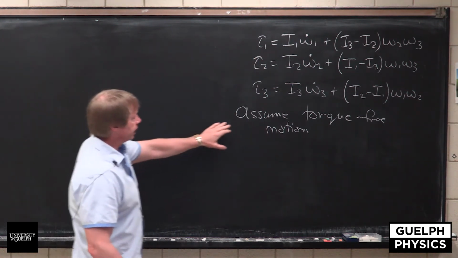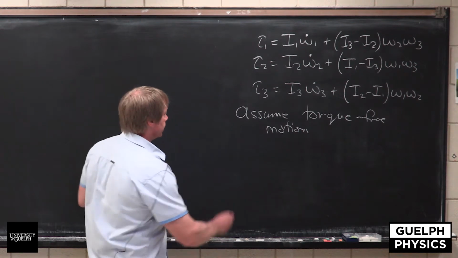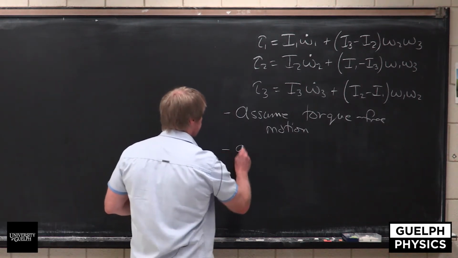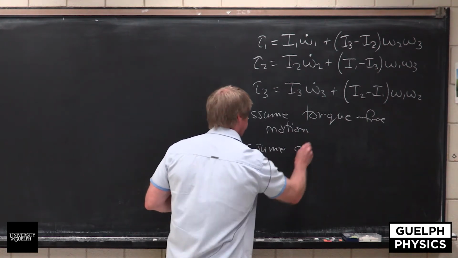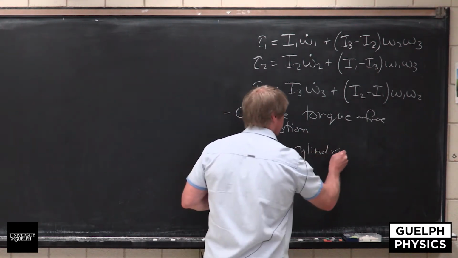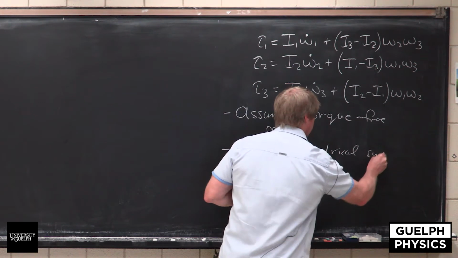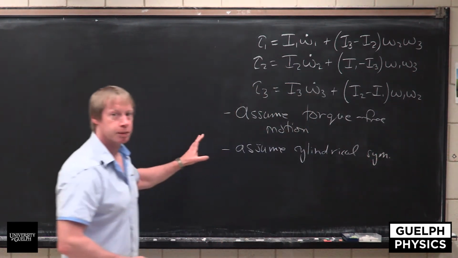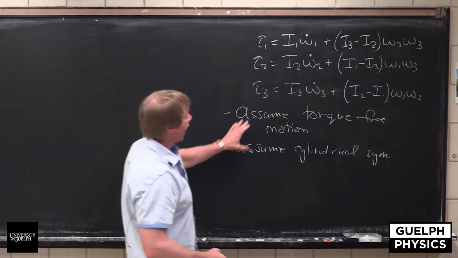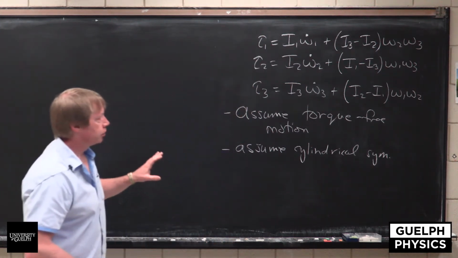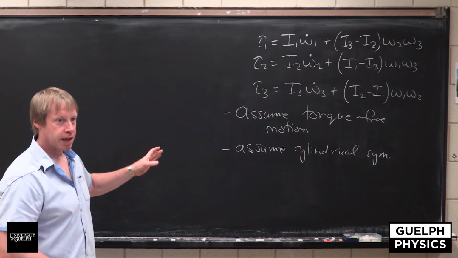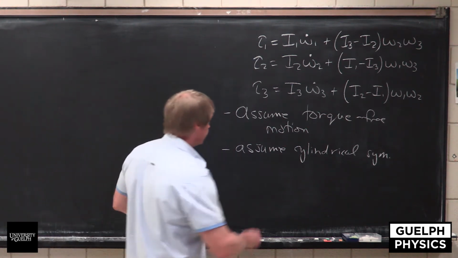And the next assumption we're going to make is a cylindrical symmetry. And with that cylindrical symmetry, we'll take two of the moments and set them equal to each other.